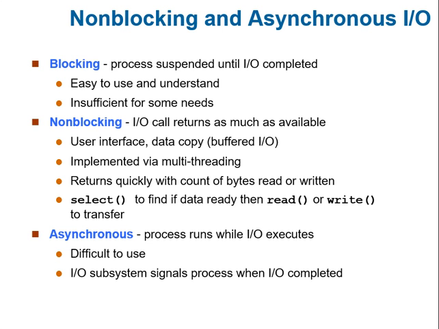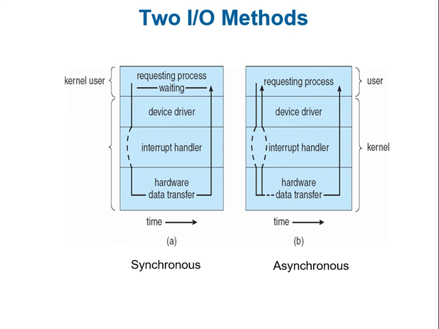This is an example of how these two I/O methods, synchronous and asynchronous, work. In synchronous, you need to go through one by one. Right? Requesting, process waiting, device driver goes to the interrupt handler, and then hardware data transfer goes back through the cycle to the request process after completion. After completion, they can go back to the request process.